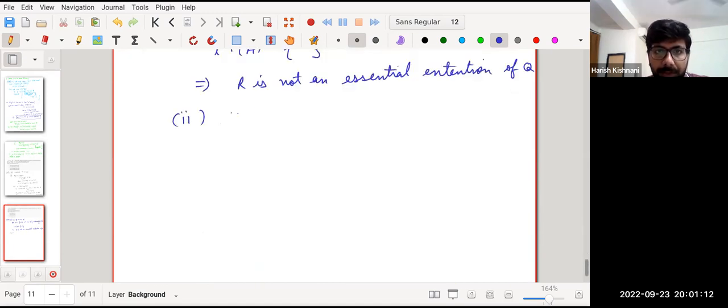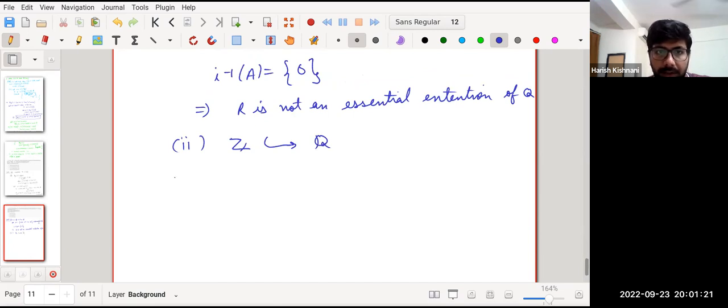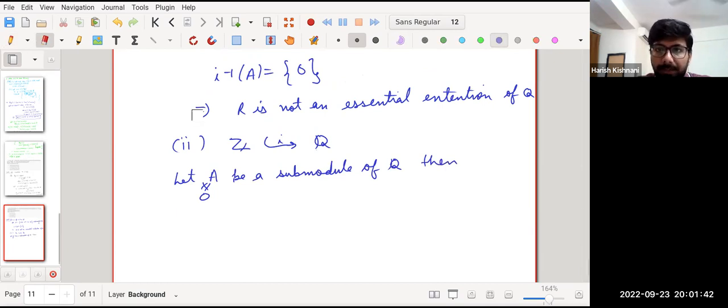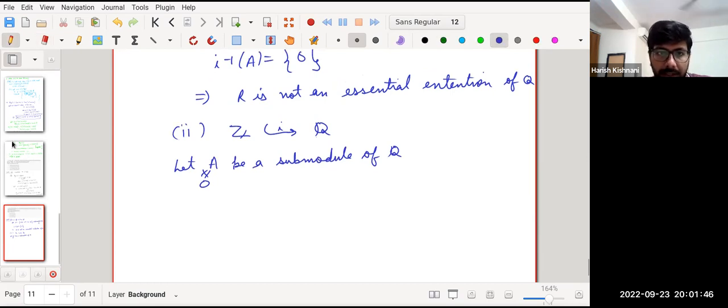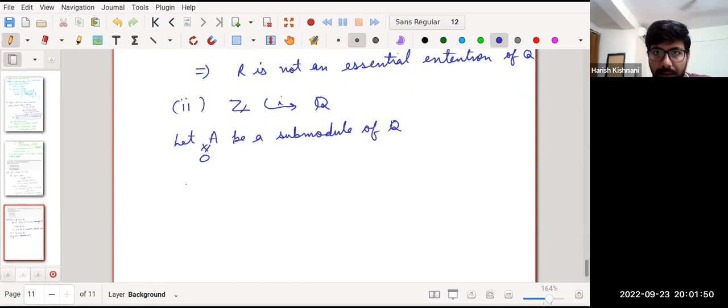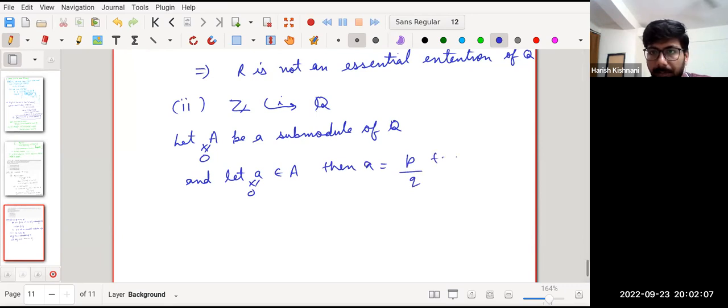You need to see the inclusion map from Z to Q, and let A be a non-zero submodule of Q, and let some non-zero element be inside A. Then that element is of the form P by Q for some P and Q, where Q is a non-zero integer. Q is just an integer, right?